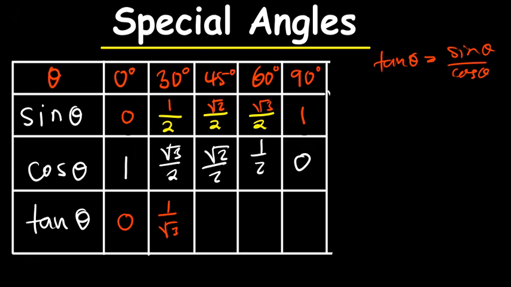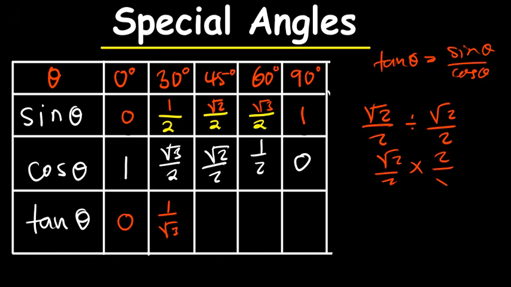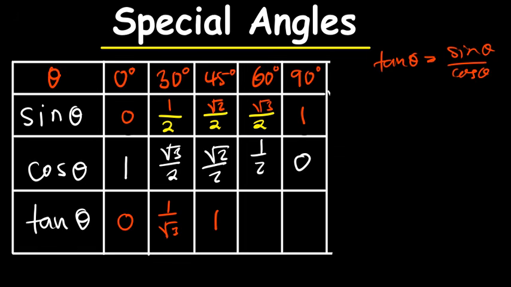The third one, it is root of 2 divided by 2, then you are dividing it by cos, which is also root of 2 over 2. So root of 2 divided by 2 times 2 over root 2. These will cancel, these will cancel. You remain with 1. Then the fourth one will be root of 3 divided by 2.